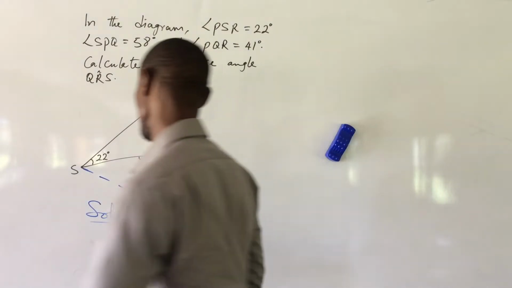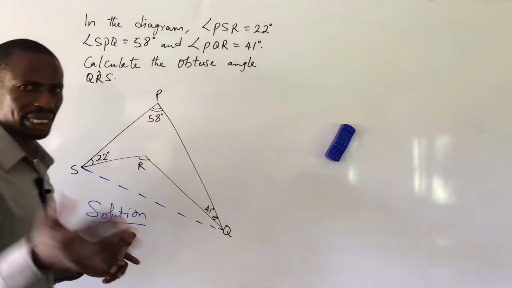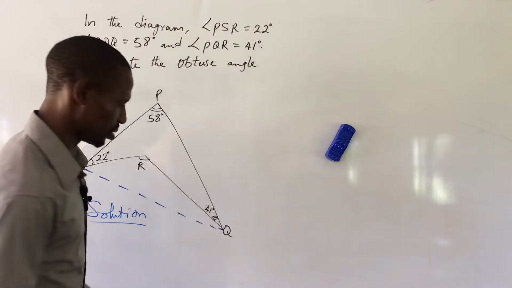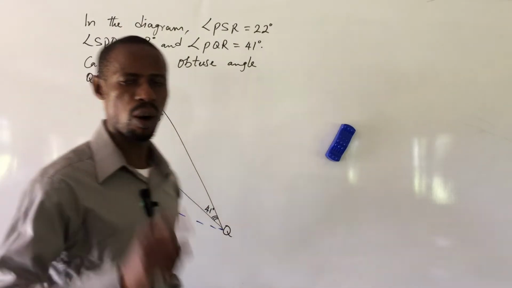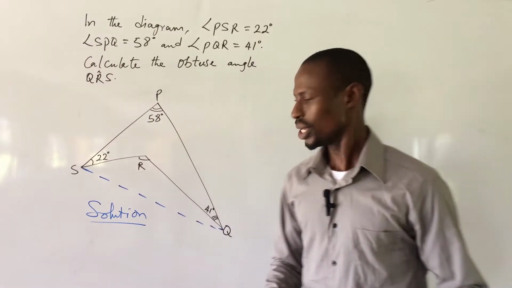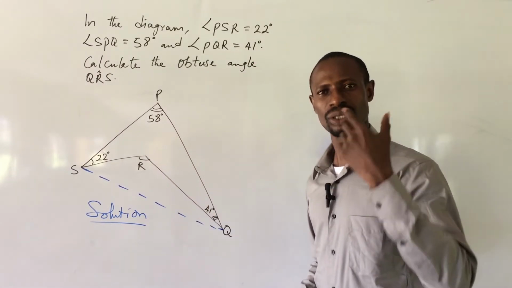So now that we have this, let's go to the sum of angles in a triangle. In our elementary mathematics, we were taught that the sum of angles in a triangle is equal to 180 degrees. So let's use our literacy from here to prove that theorem.